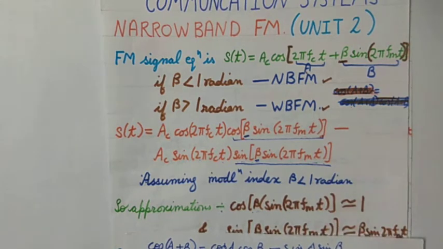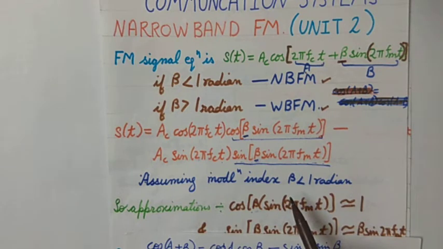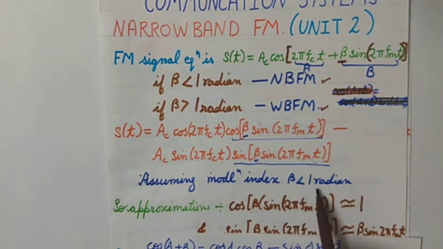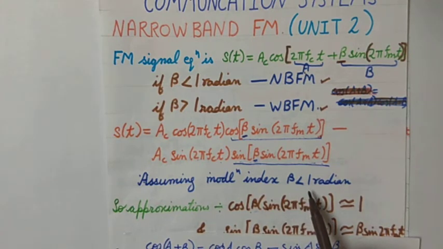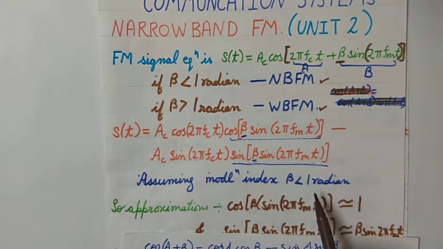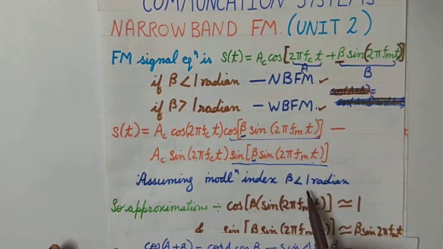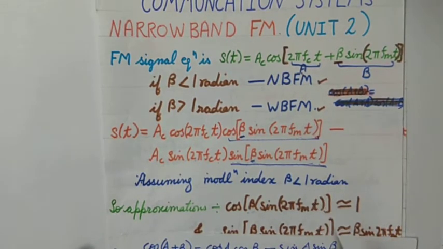Now we are going to make some approximations, since we are going to study the narrowband FM signal, and for this the beta value is less than 1 radian. So beta is very small, very negligible, nearly 0, since it is much less than 1.